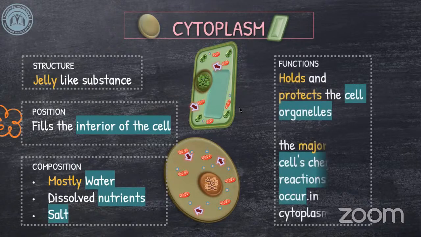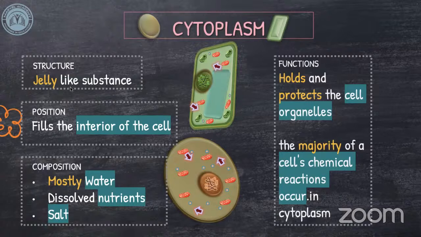Now the function. Why do we need a cytoplasm? Can a cell exist without a cytoplasm? No. Why? Because the cytoplasm maintains osmotic regulation as well, and we also discussed the nutrients. For some chemical reactions, these nutrients are important.